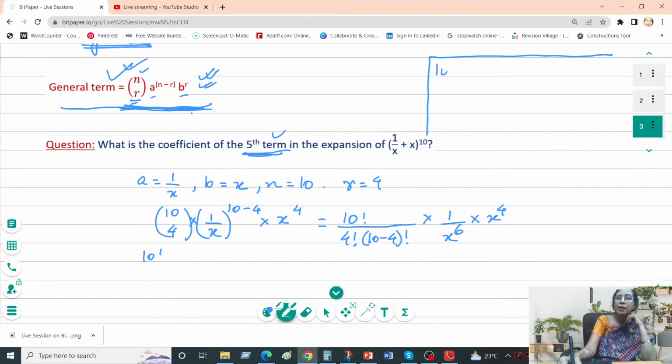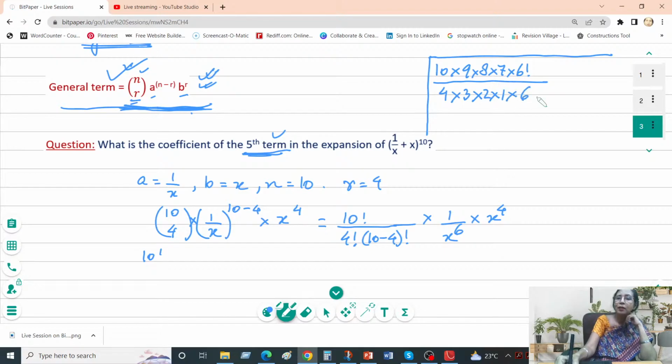So I can write this as 10 times 9 times 8 times 7 times 6 factorial over 4 factorial, which is 4 times 3 times 2 times 1.